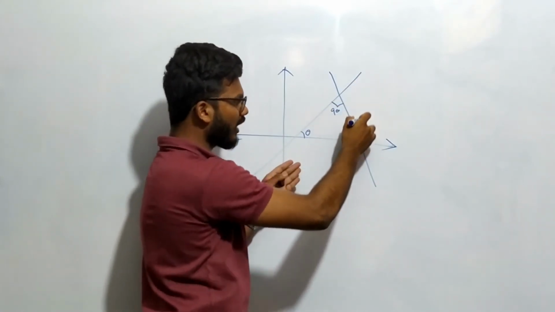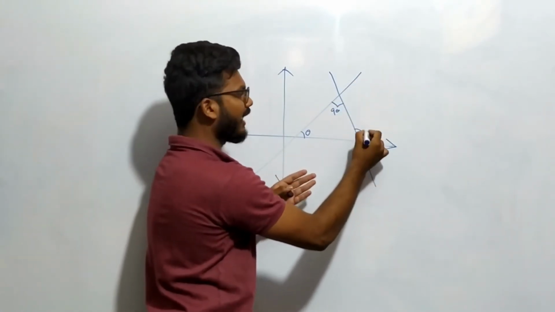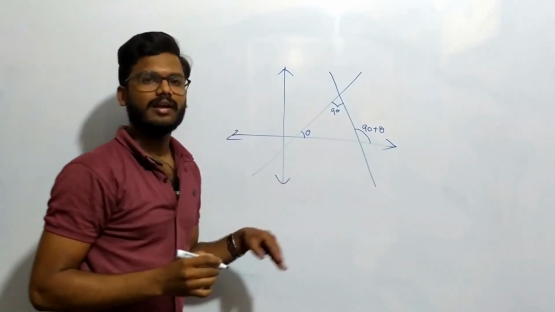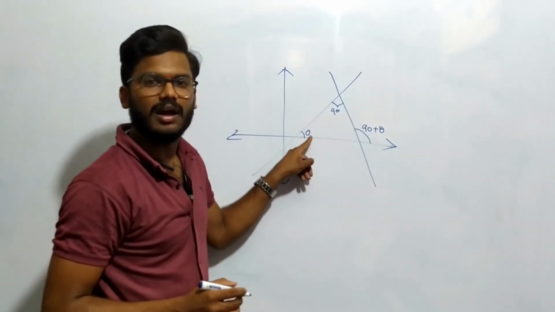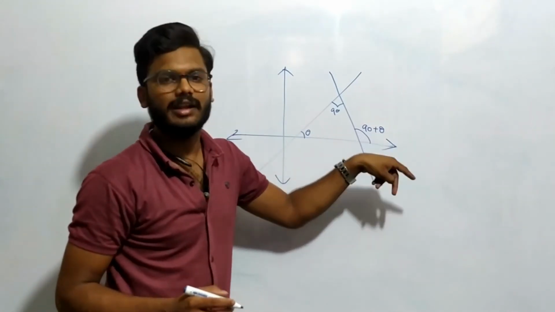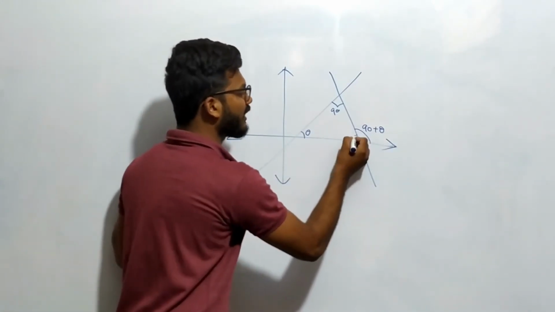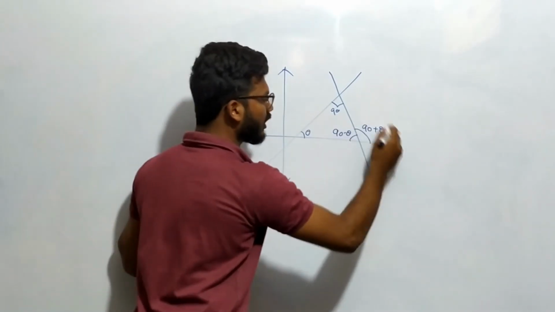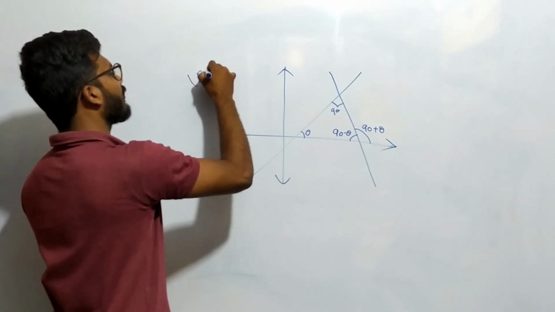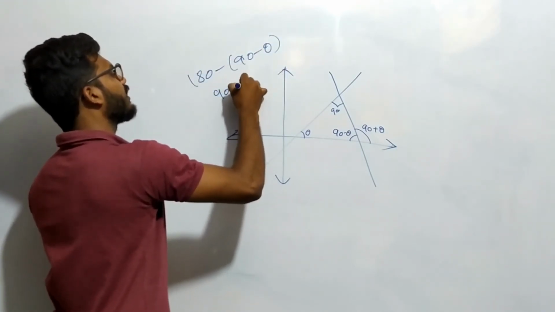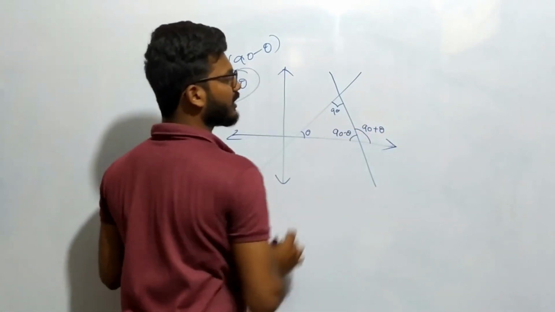That means if you draw 90 degrees here, you add 90, so you get 90 plus theta. The inclination of one line is theta, and the inclination of the other line is 90 plus theta. Or else you can find it like this: in a right angle triangle, this angle will be 90 minus theta, and the total sum is 180, so 180 minus (90 minus theta) gives 90 plus theta as the inclination of this line.